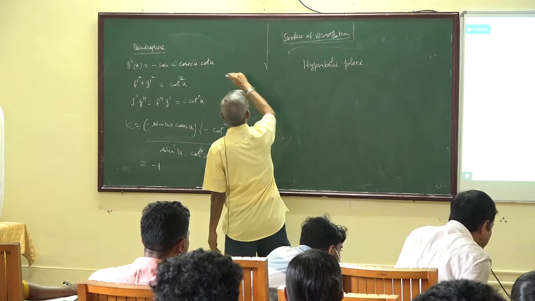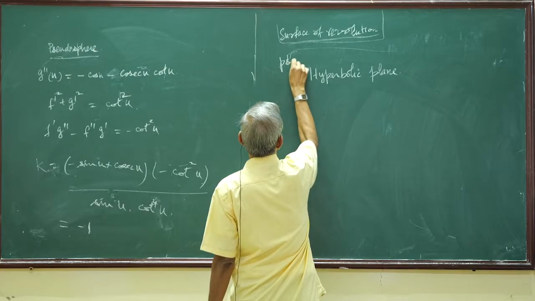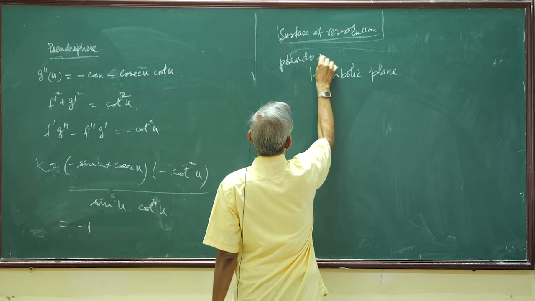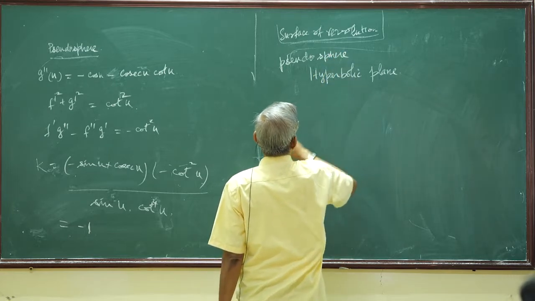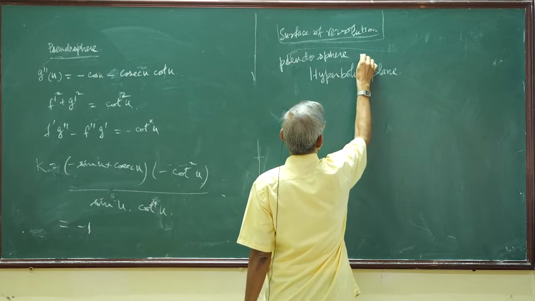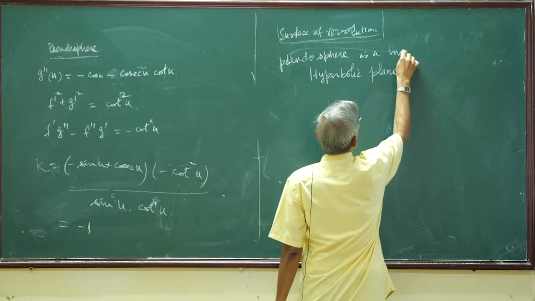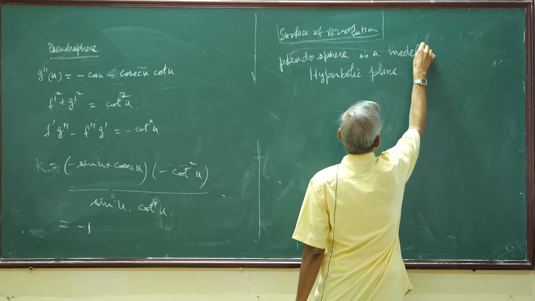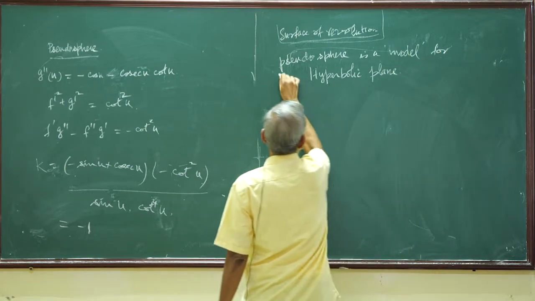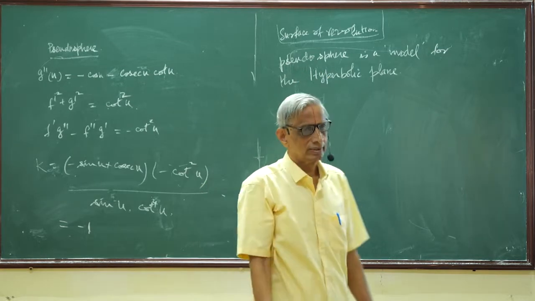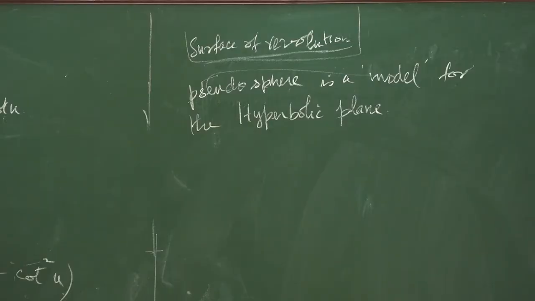So pseudo-sphere is a hyperbolic plane, or if you want. So this just means that the two-dimensional surface equipped with the Riemannian metric that we are going to talk about in the afternoon.